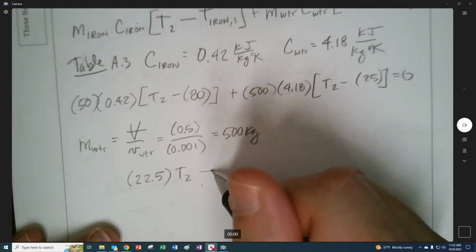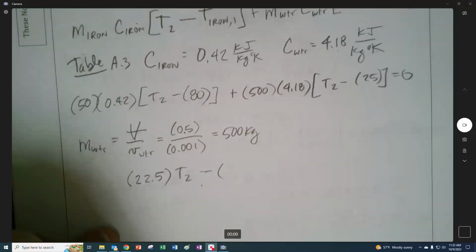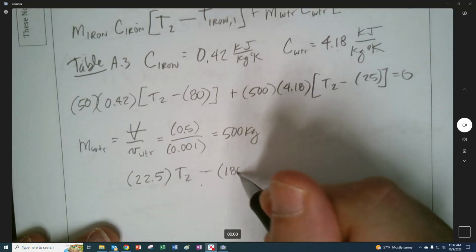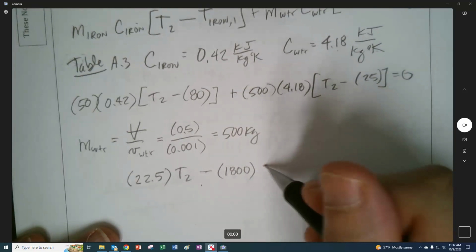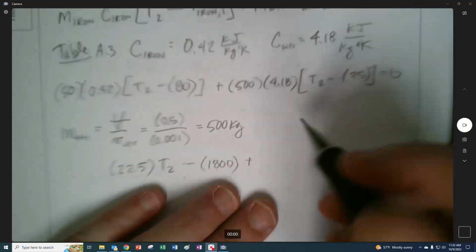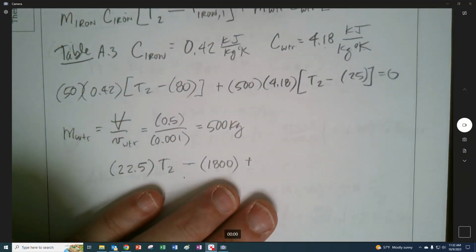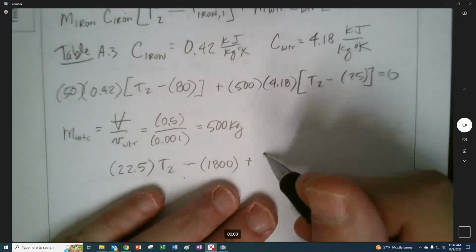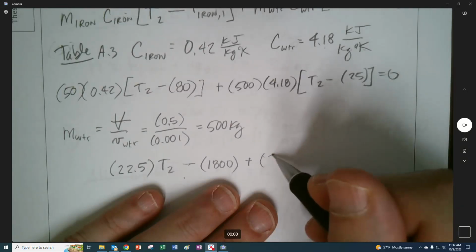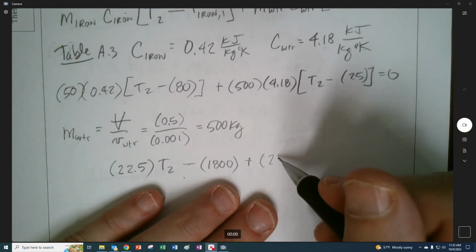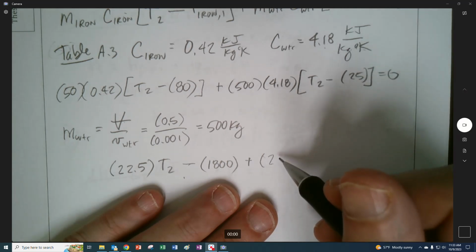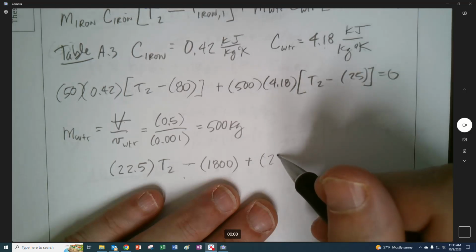T2 minus... that's going to be good, times 80, boom, and I get 1,800. It's going to be plus 500 times 4.18, boom, and that's going to be 2,000, is that right? Yeah, I guess it makes sense. 2,000, no it doesn't. Oh no, okay, it does.